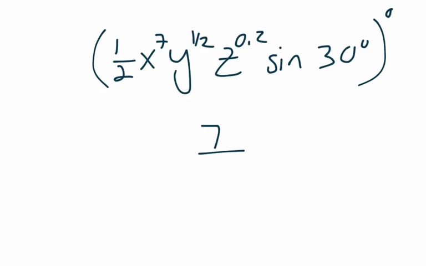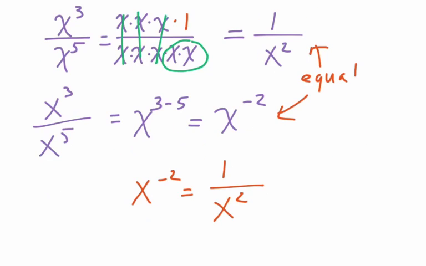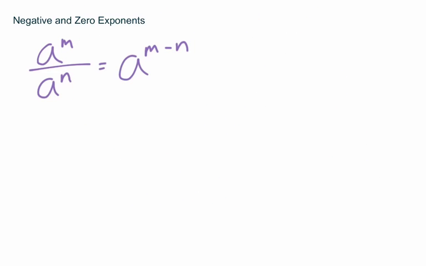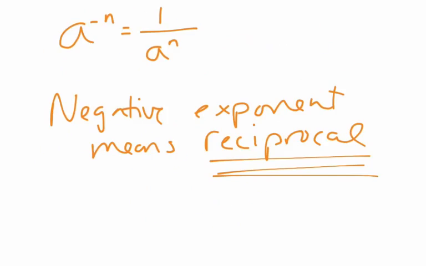The exponent of 0 means that the whole shebang is equal to 1. So that's pretty much negative and 0 exponents. And I prefer to teach that after I cover this property here, because it really helps you to see why these properties work.